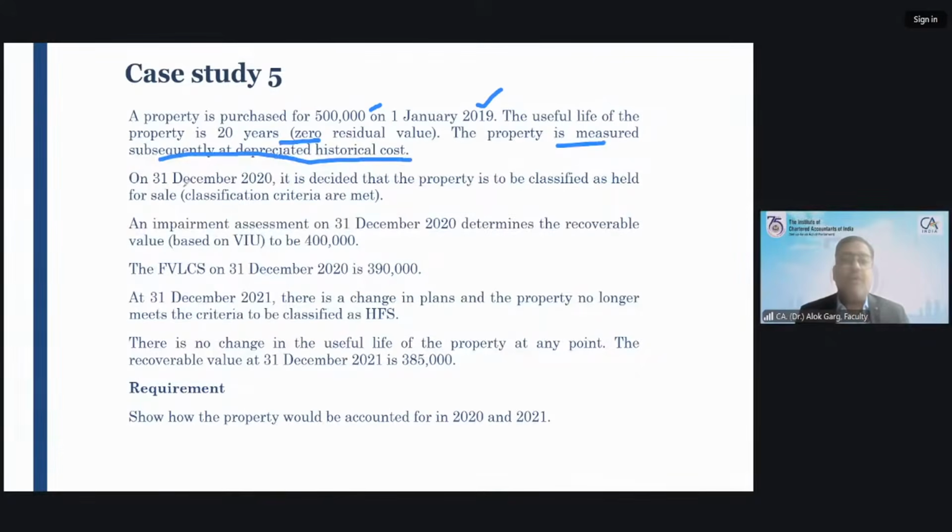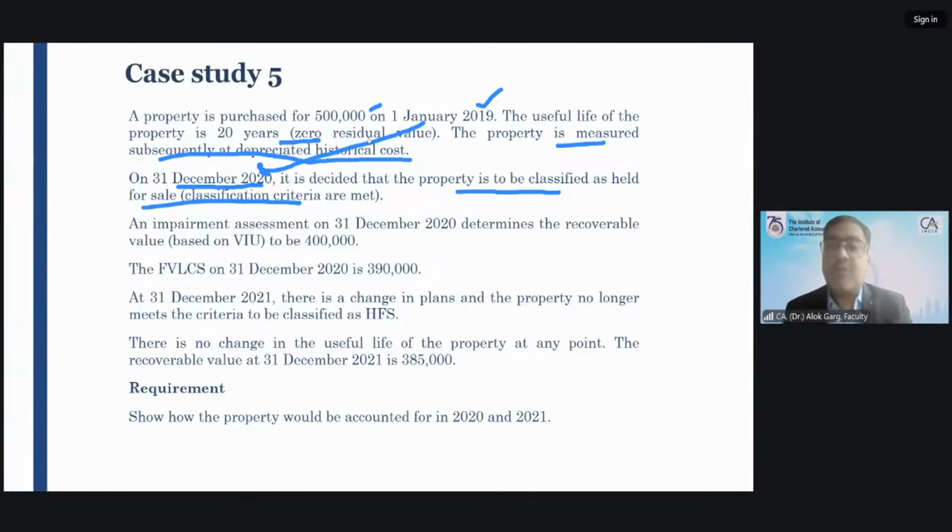On 31st December 2020, it is decided that the property is to be classified as held for sale. Classification criteria are met. 31st December 2020 means after how many years? After 2 years, from 1st January 2019 to 31st December 2020.